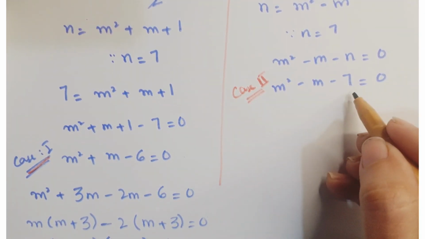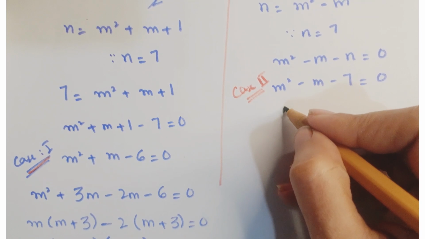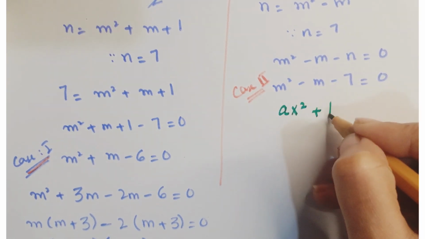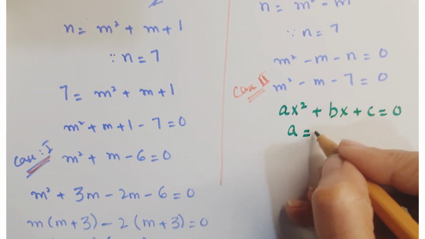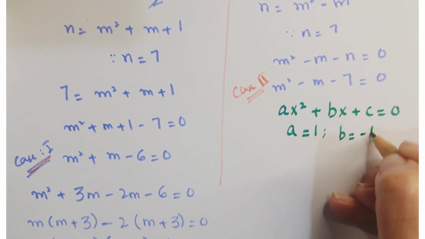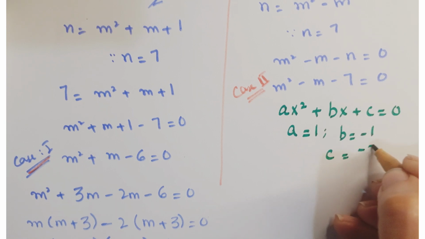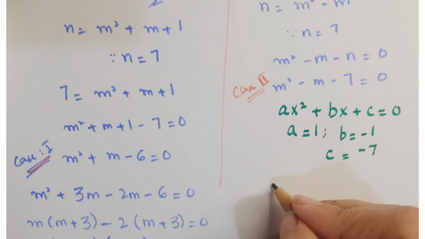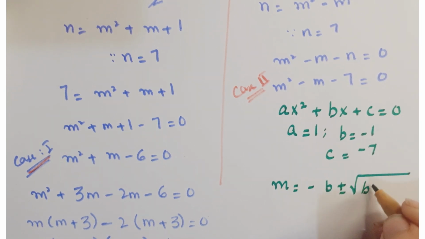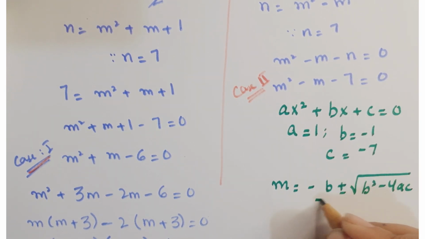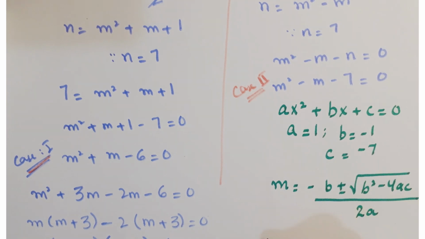Now comparing this equation with the standard quadratic equation, that is ax square plus bx plus c is equals to 0, we have a is 1, b is minus 1 and c is minus 7. Putting the values in the quadratic formula, that is m is equals to minus b plus minus under root b square minus 4ac upon 2a.